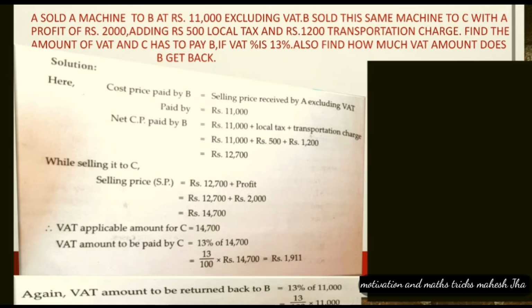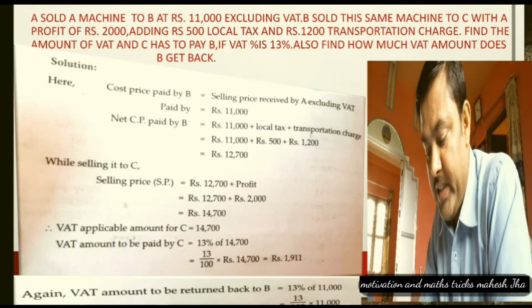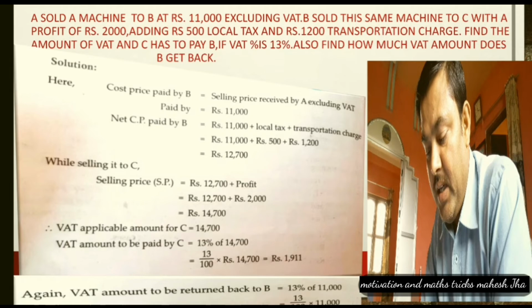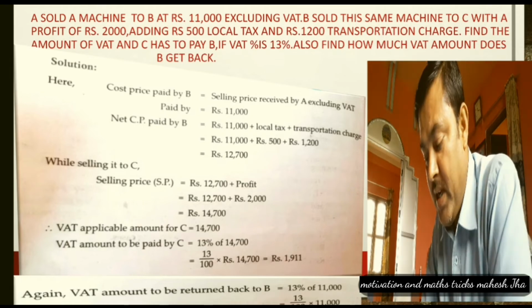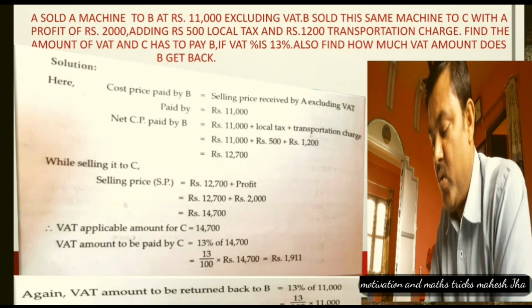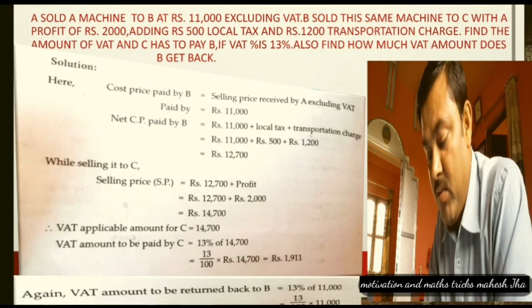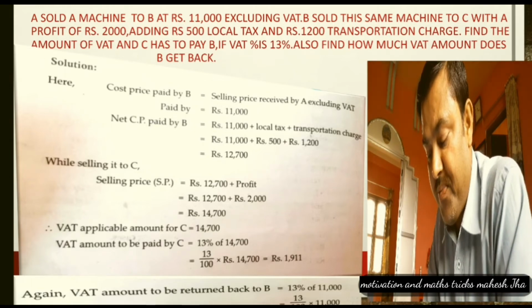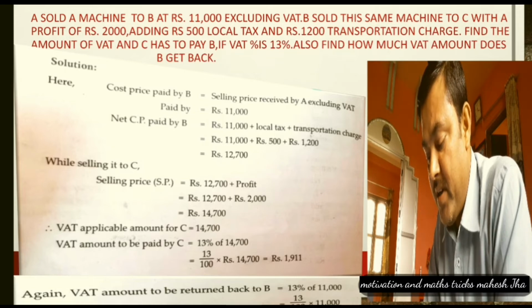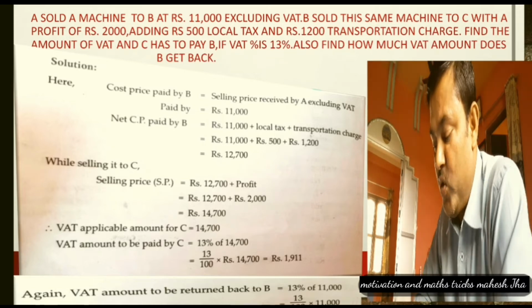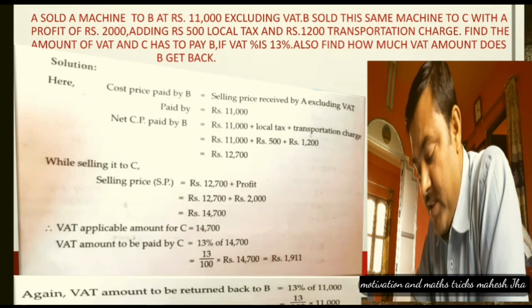Next example. A sold a machine to B at rupees 11,000 excluding VAT. B sold the same machine to C with a profit of rupees 2,000, adding rupees 500 local tax and rupees 1,200 transportation charge.